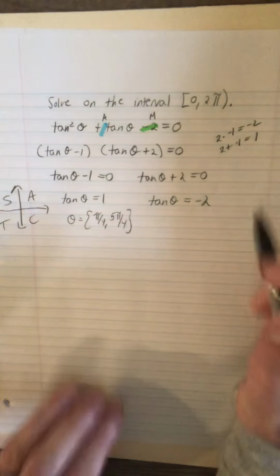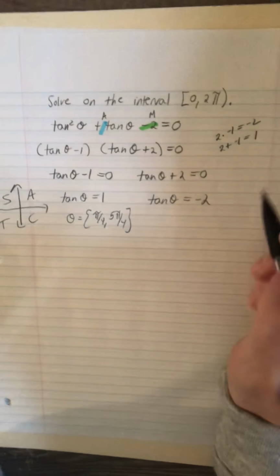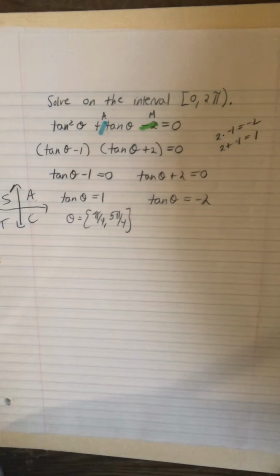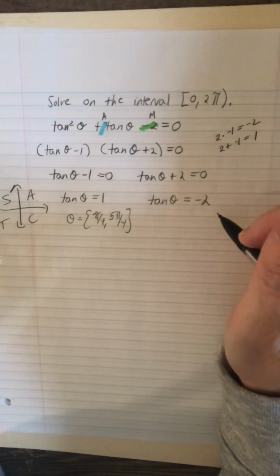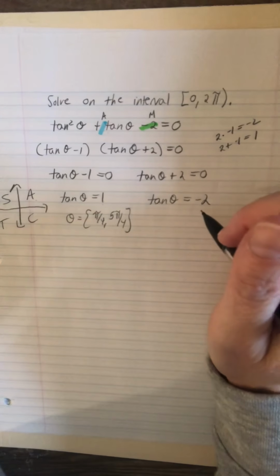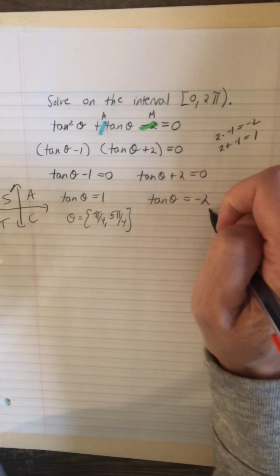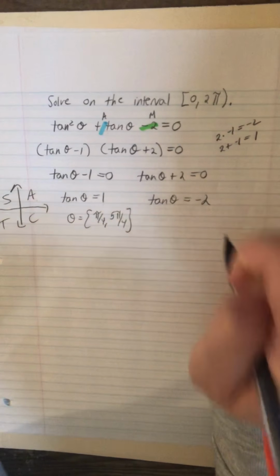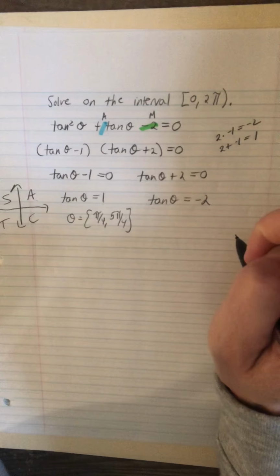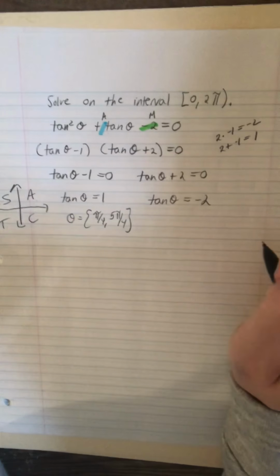However, here, I cannot use my unit circle to find when tangent theta is equivalent to negative 2. So I'm going to have to utilize my calculator. And remember, I want your calculator in radian measurements.